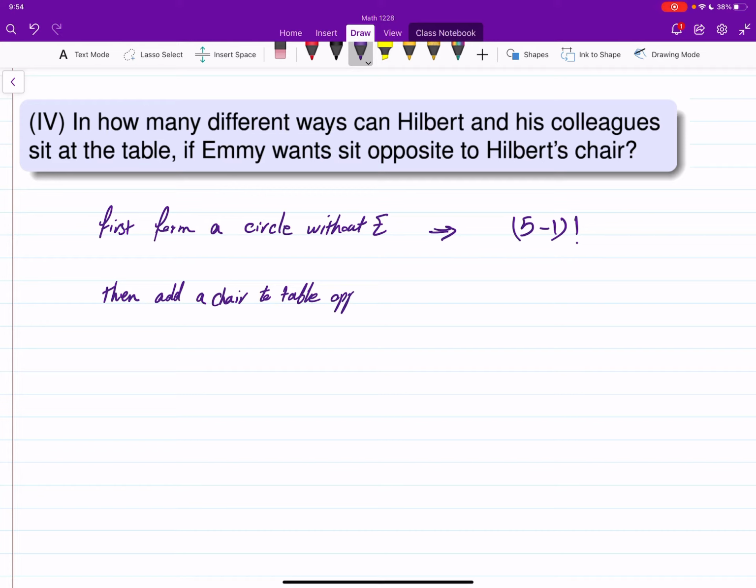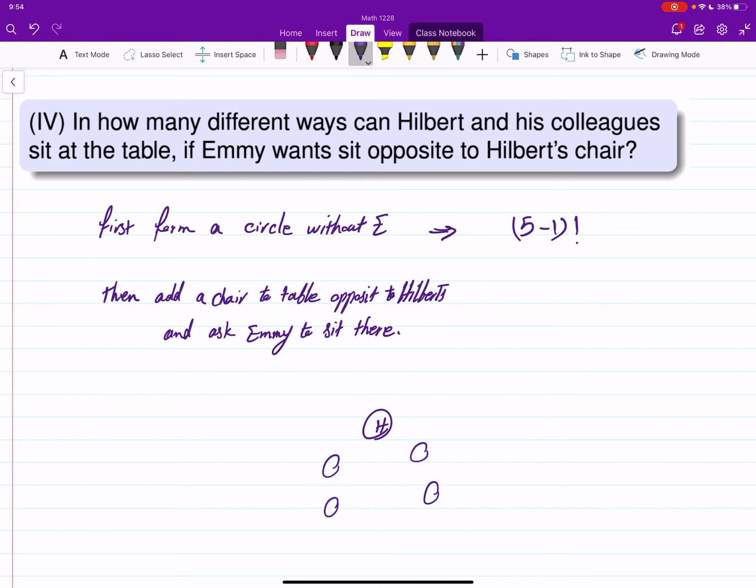So add a chair to the table opposite to Hilbert's and ask Emmy to sit there. Okay, how many ways is this possible? Hilbert is known somewhere, and the others, I don't know where.